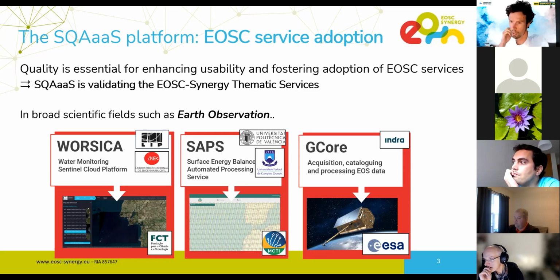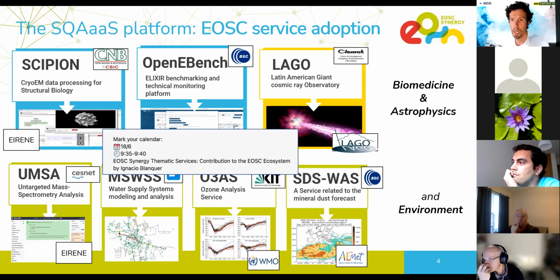So these thematic services cover different scientific fields such as Earth observation, biomedicine, astrophysics, and environment. If you want to learn more about these thematic services and this quality approach that they are following in order to integrate into the EOSC, please mark your calendar because tomorrow there is a talk about it presented by Ignacio Brenker.